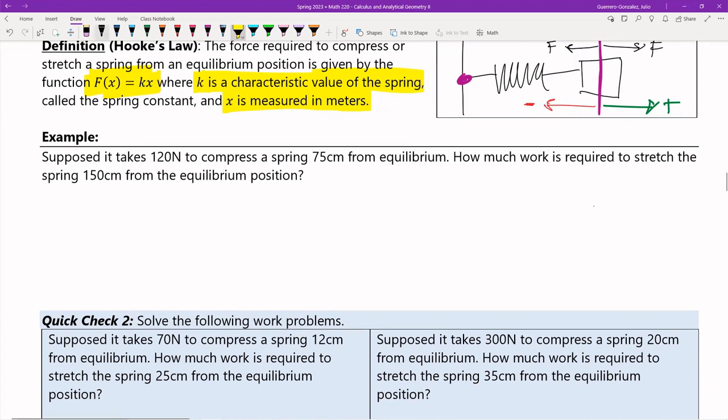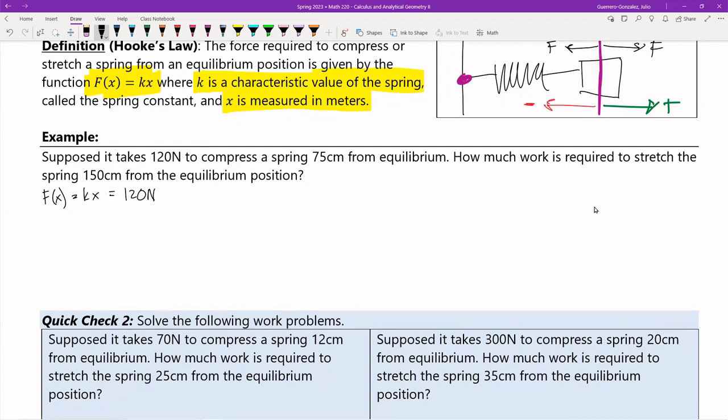All right. So we need to first notice that I don't have a K. I don't have anything here, so we need to describe my function, my f of x here. The first thing I'm going to do is use Hooke's law, Kx, which is supposed to be equal to 120 newtons when we compress the spring 75 centimeters.